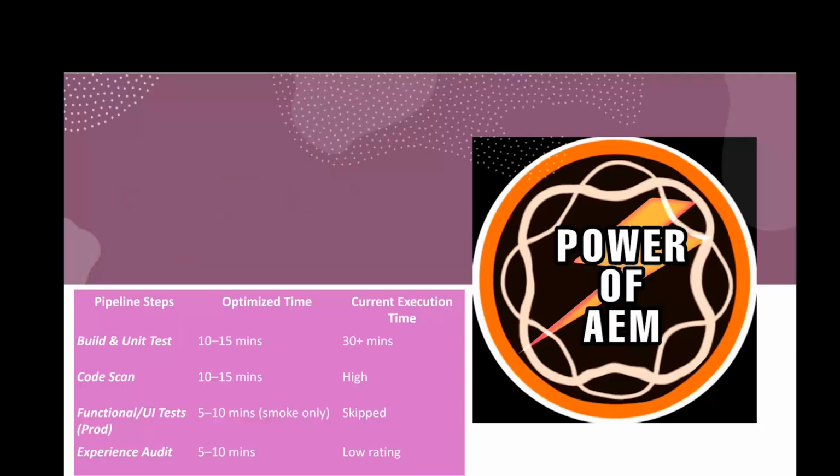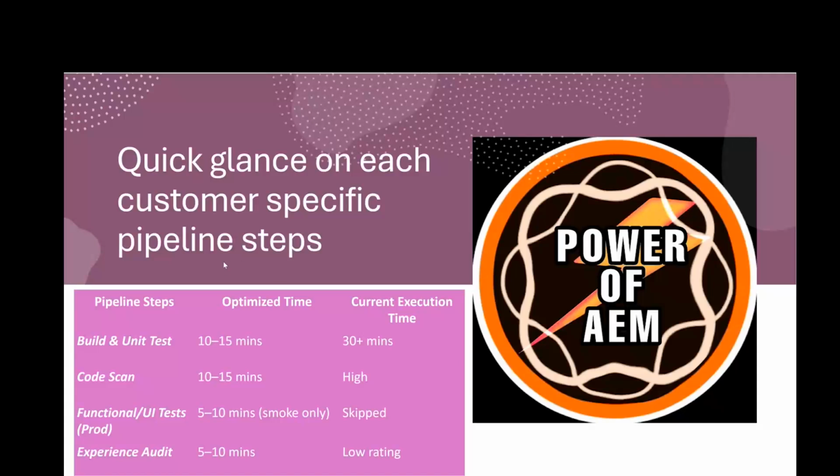So let's first talk about the best timeline that you want to achieve. In the previous video, we saw the overall time was around 16 hours, more than 15 hours, and that was consistent across each execution of the production pipeline.